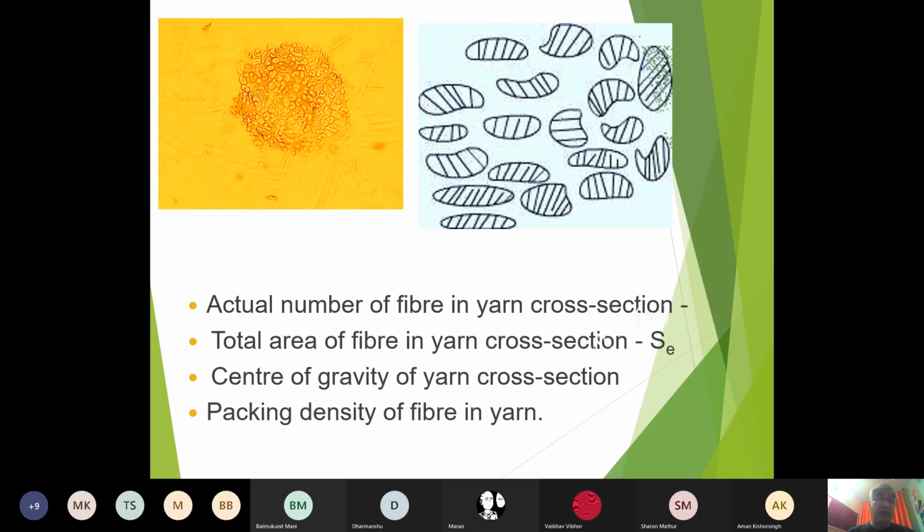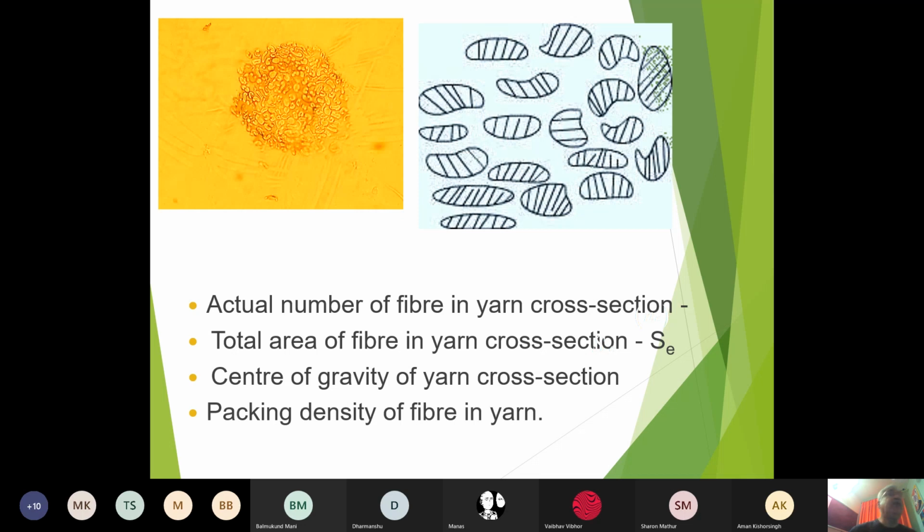And then another piece of information is the packing density of fiber in the yarn. How can I calculate packing density? Suppose I know the area occupied by the fibers in the yarn cross section, taking the area of individual fibers and summing them up. That gives the total area occupied by fibers in the yarn cross section, and then there is the cross-sectional area of the yarn.